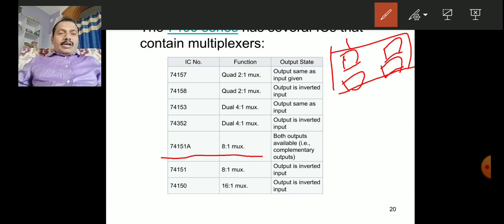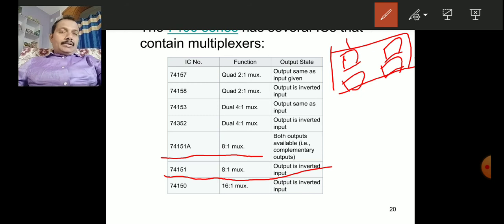Both outputs are available, that is complementary outputs are available. So that is the advantage of this 74151A. Next 74151 is 8 to 1 mux. Output is inverted input. 74150 is the 16 to 1 mux. Output is inverted input.